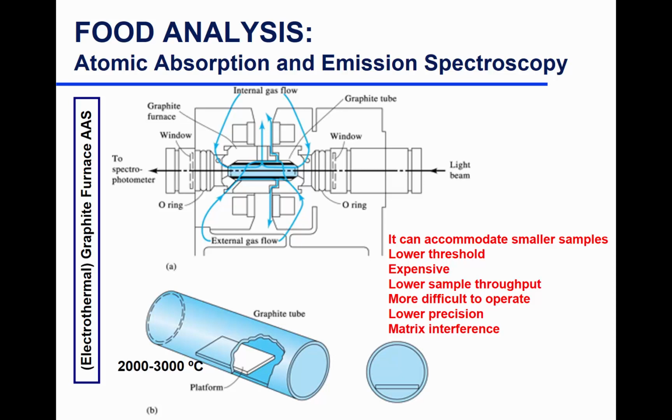So if you don't have enough sample, you won't have enough mist brought up to the flame. Whereas here, you don't have that issue. You spot whatever sample you have. If you have only 1 ml, you might only need 100 microliters, and that should be enough because you have a low threshold. This is the advantage of that.